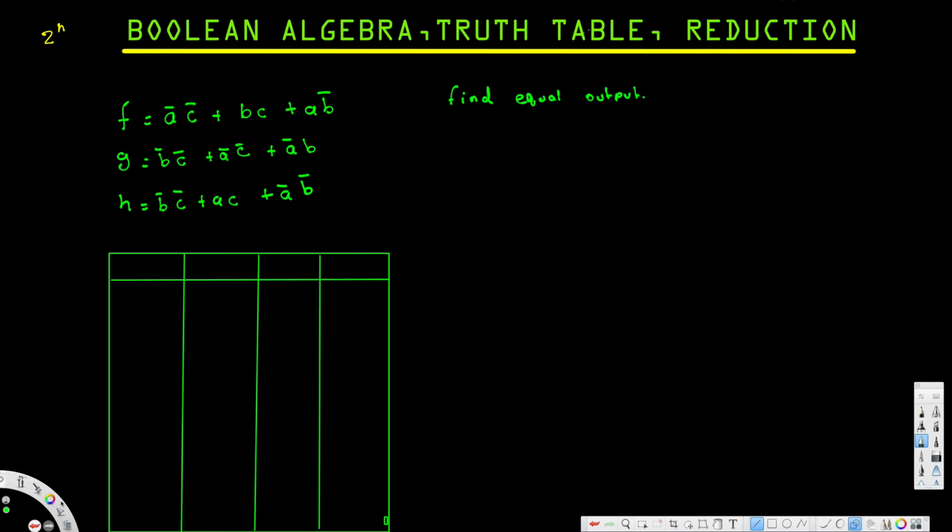In the first columns we are going to have the combination. Here we have 3 different terms, right? We have a, we have b, we have c. So when we have 3 different terms, how many combinations we are going to have? 2 to the power of that. So we are going to have 8 different combinations. As we have seen before, when we have 8 combinations, the combinations can be easily written as 0 1 0 1 0 1 0 1.